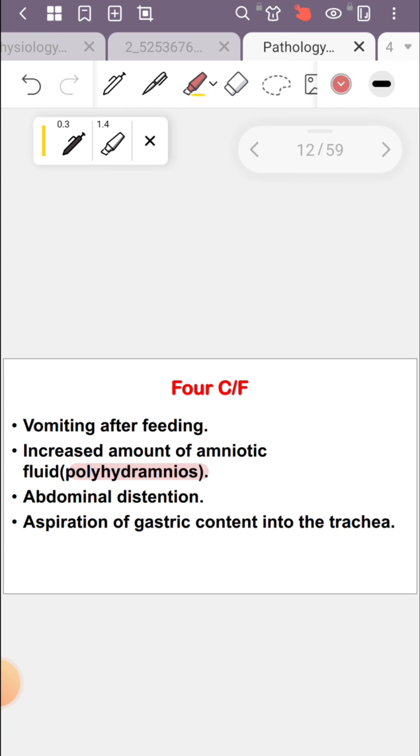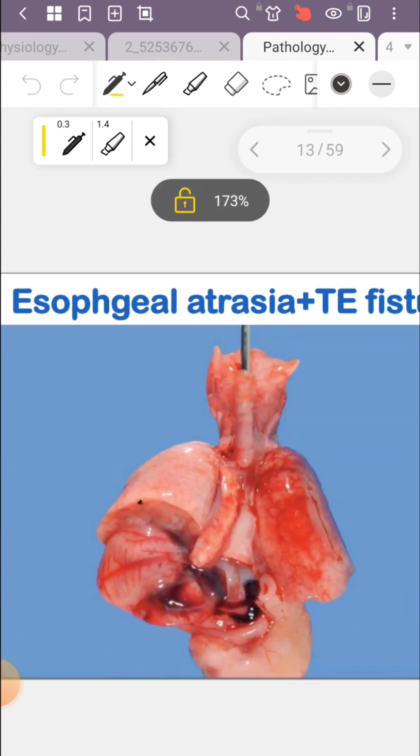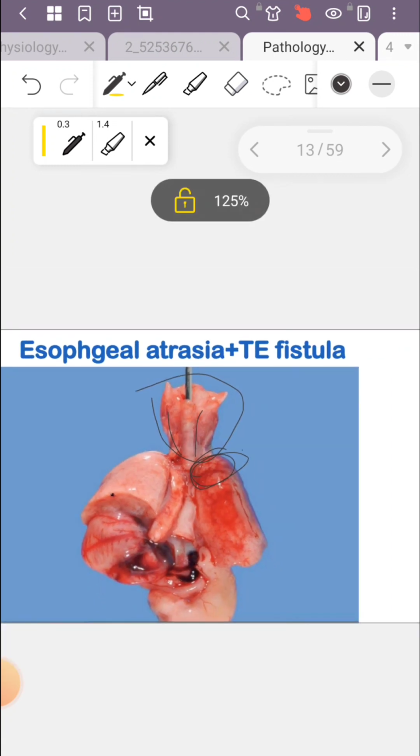So here are the lungs, these are two lungs, and this is the atretic esophageal segment; the upper esophageal segment is atretic. We call this a blind loop, a blind segment. Okay?